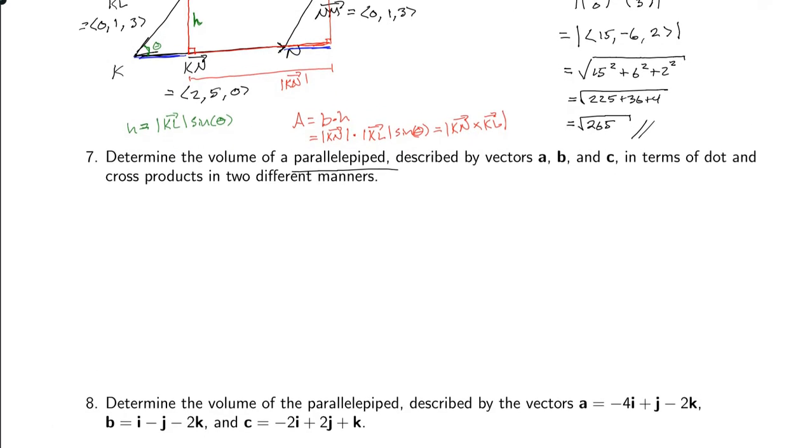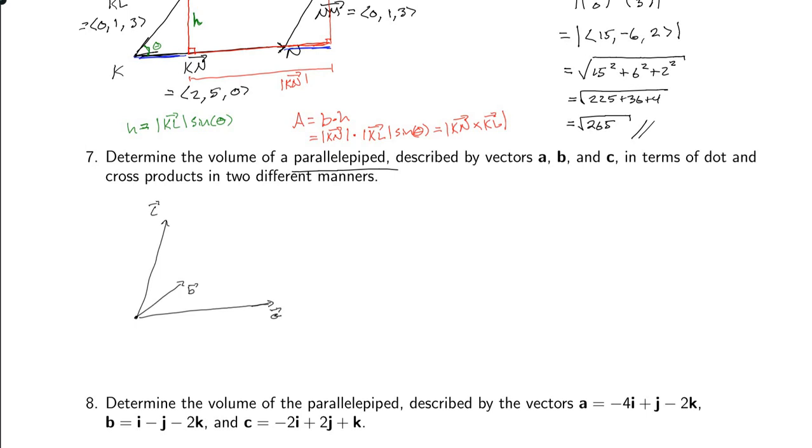A parallelepiped is a 3-dimensional parallelogram. So let's start with a vector A here, and a vector B. Imagine that vector B is going into the page, and then a vector C over here.